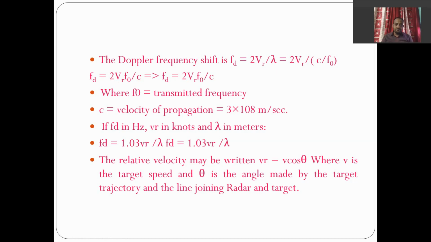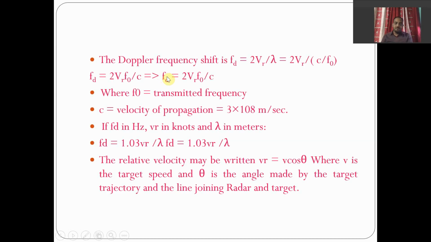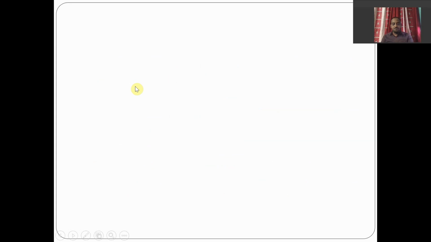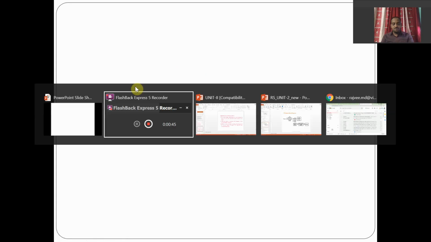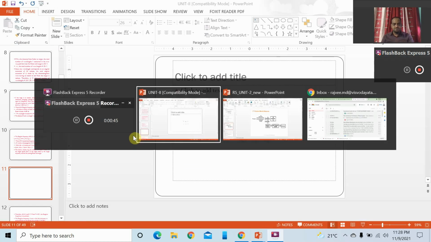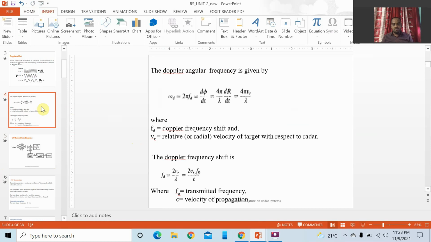This is the derivation for the Doppler frequency. This is about the Doppler frequency Fd, which is equal to 2 Vr f naught by c.